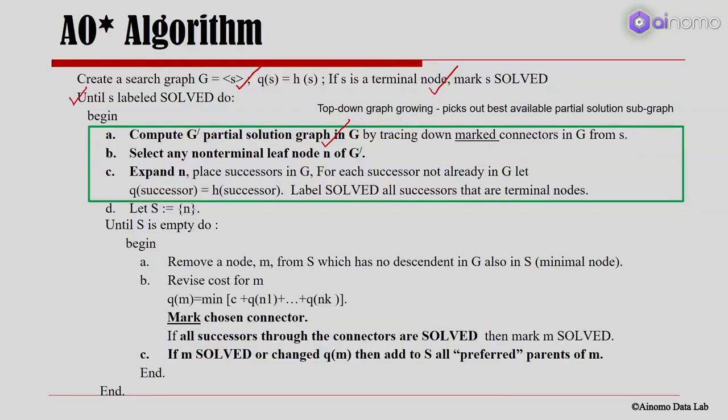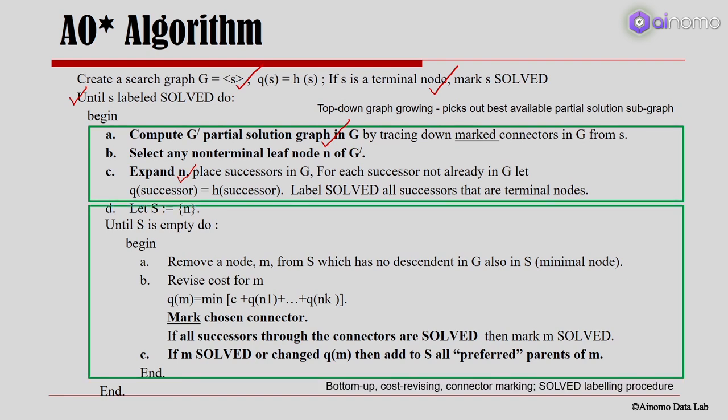Then we select a non-terminal leaf node of that partial solution graph and expand N. The next portion of the algorithm is that I start with N and mark the chosen connectors. The chosen connectors are those which currently have the minimum cost.